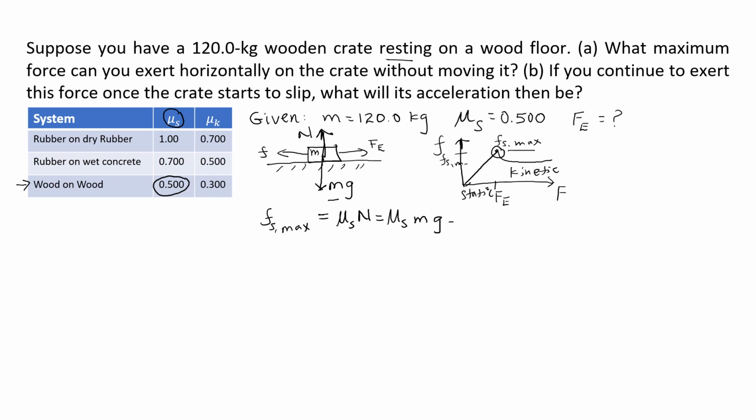Plug in the numbers. Mu sub s is 0.500, times the mass, which is 120 kilograms, times the gravitational acceleration absolute value, 9.80 meters per second squared.